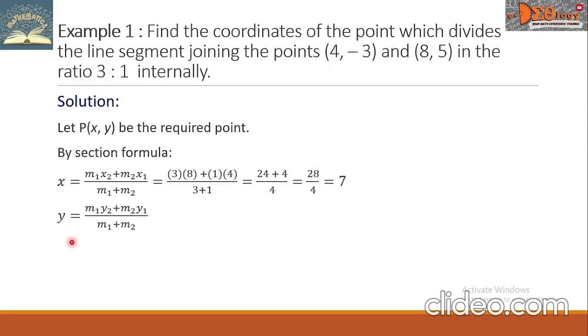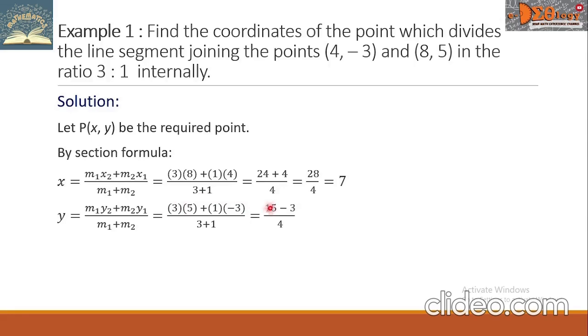For the y coordinate, this is our formula. m sub 1 times y sub 2 plus m sub 2 times y sub 1 all over m sub 1 plus m sub 2. When we substitute the values, we have 3 times 5 plus 1 times negative 3 all over 3 plus 1.